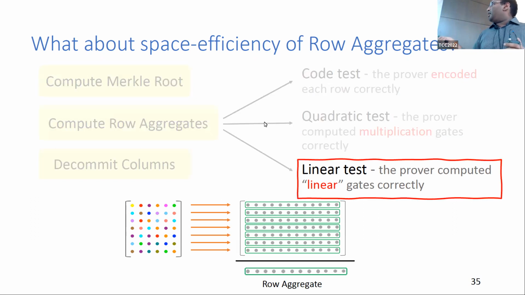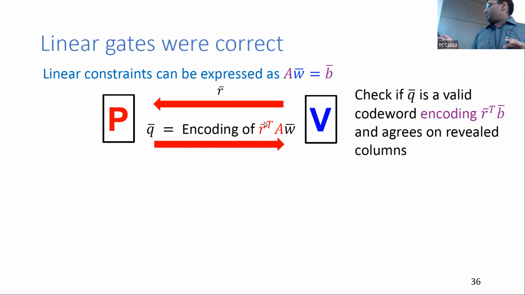So here we're just going to focus on the linear test. In general, you can express linear constraints as a linear expression, AW equal to B. So A here is the linear constraint matrix, B is the linear constraint vector, and here W is the extended witness.